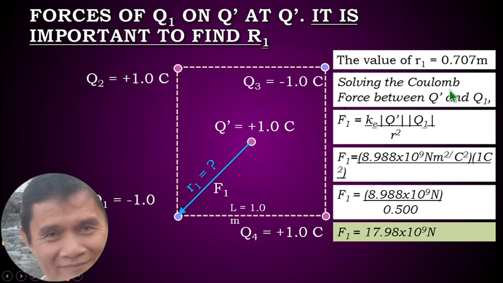The square of that would be 1 over 2, and that is 0.5. So, basically, you multiply this number by 2. So, you come up with 17.98 times 10 to the 9 Newton.